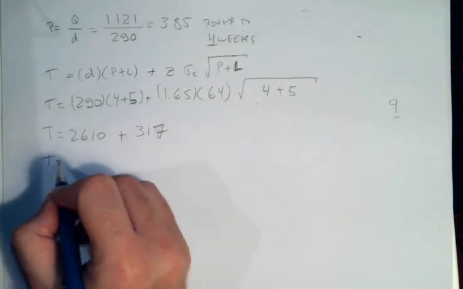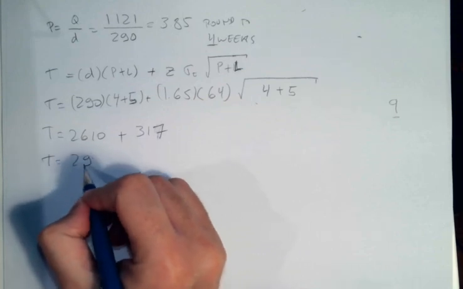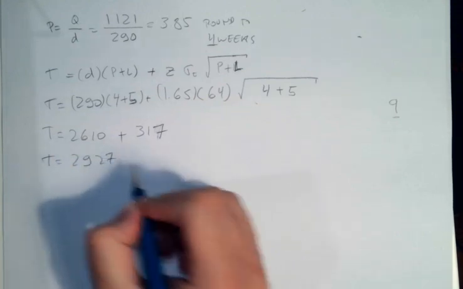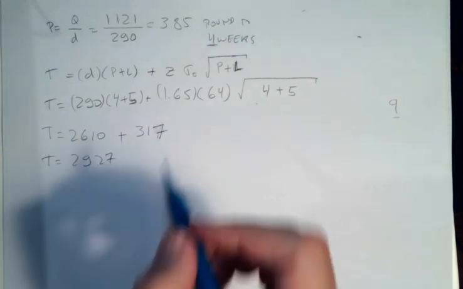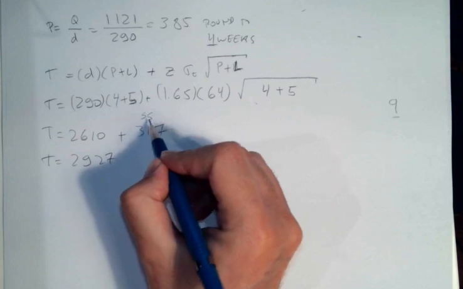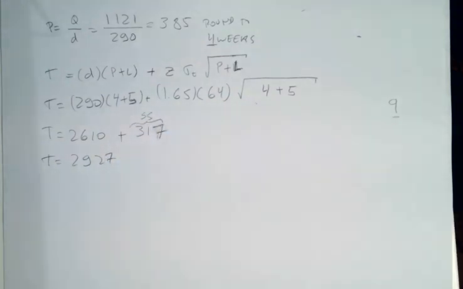Target level will be 2,927. So the big difference between those two is in the safety stock. This is the safety stock for the P system.